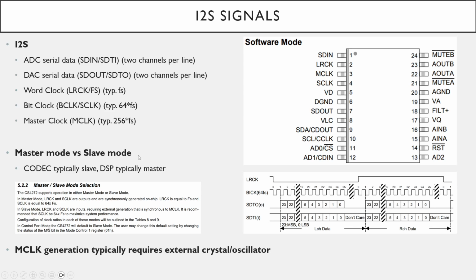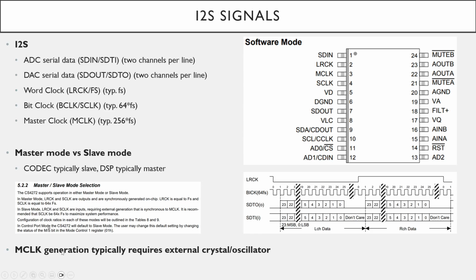Other than the I2S signals, we can typically run our codecs in either master mode or slave mode. Typically, at least from what I've seen, codecs will be run in slave mode, and the DSP will typically be in the master mode. As we can see from a typical codec datasheet, master-slave mode effectively just determines which device is generating the clocks. So if one device is in master mode, that means it's generating the bit clock and the word clock, whereas the slave mode device is receiving the word and the bit clock.